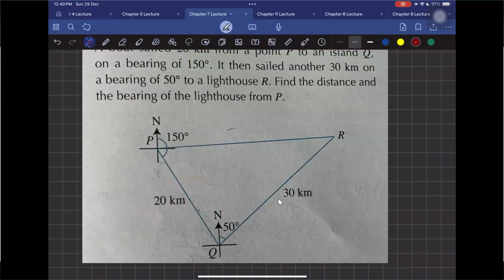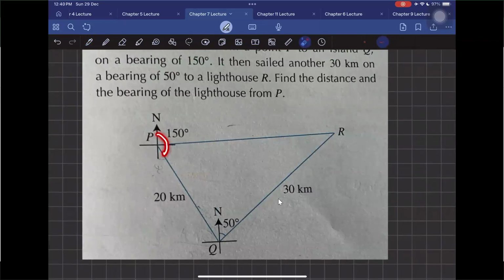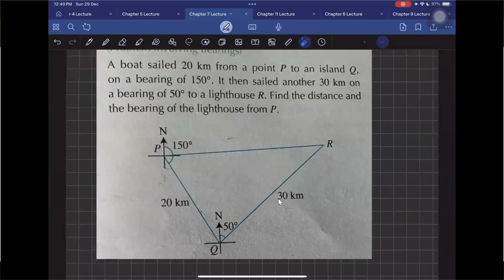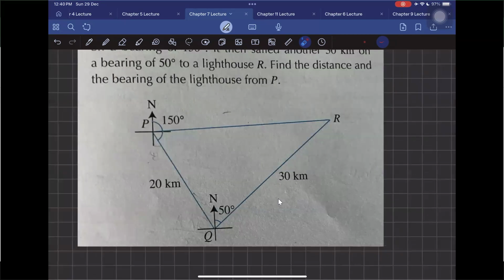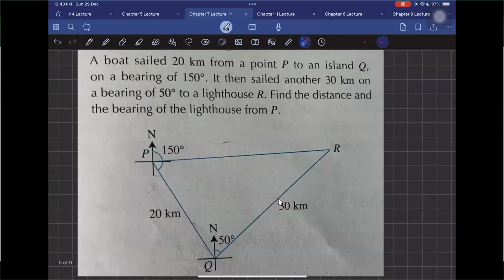So this whole angle is 150 degrees. It then sailed 30 kilometers on a bearing of 50 degrees to the lighthouse.